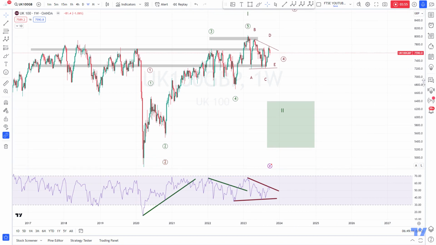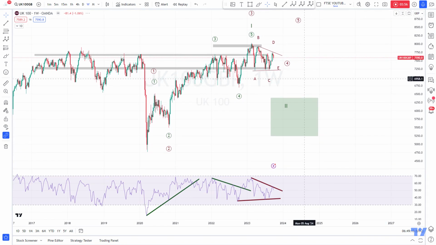And now we are coming down as a wave E. And so now this is, let's say, the moment of truth for this kind of scenario. After we've seen a bit more downside, we should see upside, and even upside in the form of breaking out of the triangle.